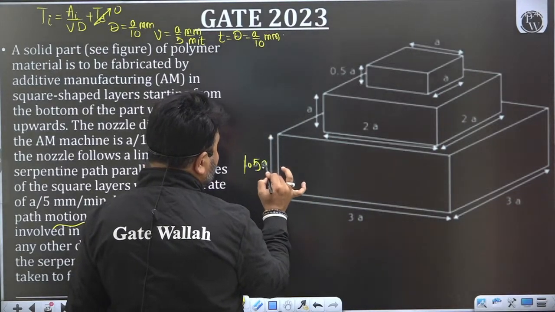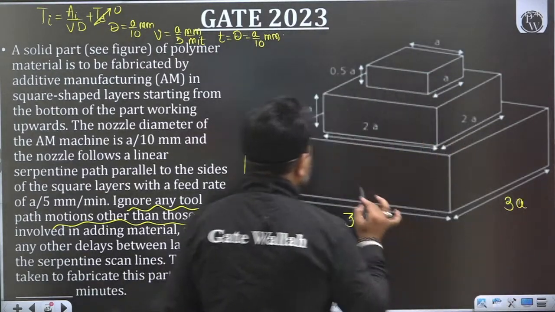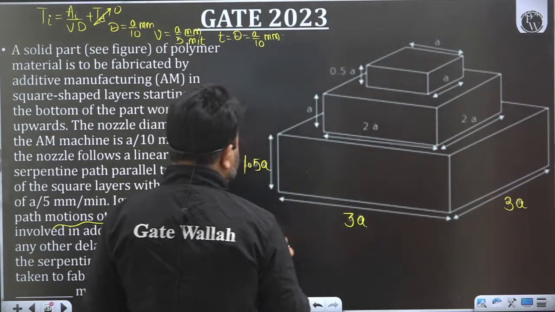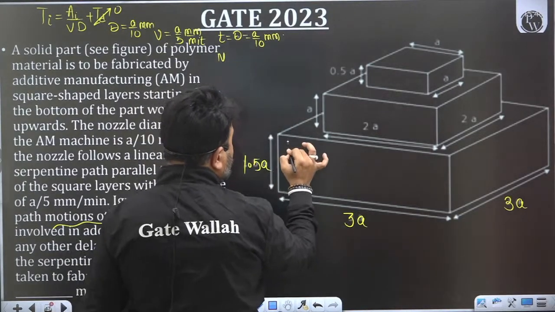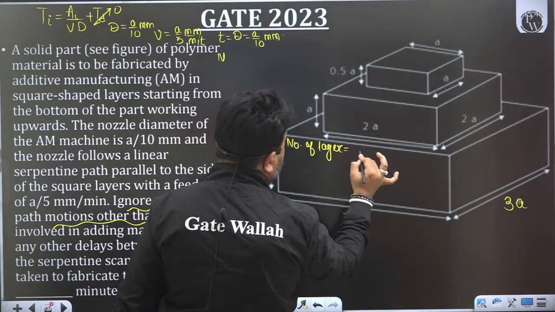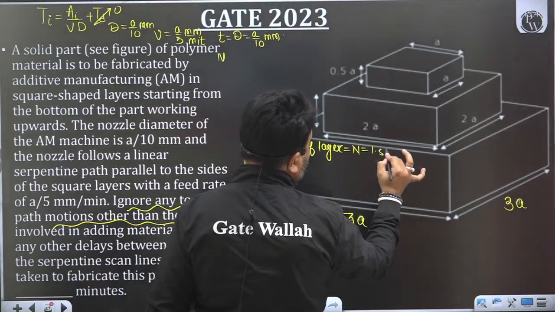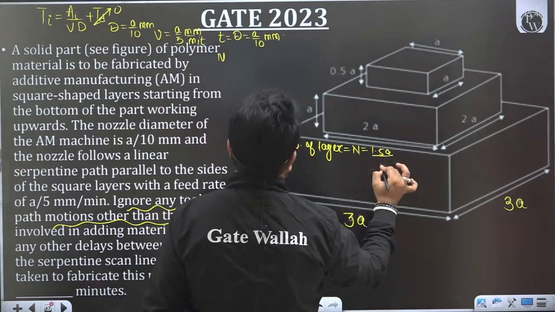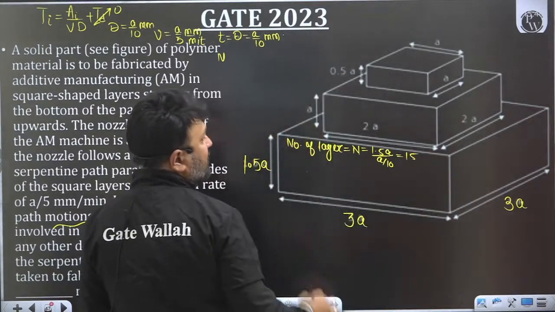The thickness is 1.5a for this part, so the number of layers, let's say n, equals thickness 1.5a divided by A by 10, that is 15 layers.